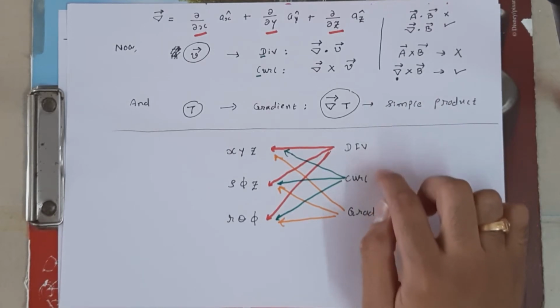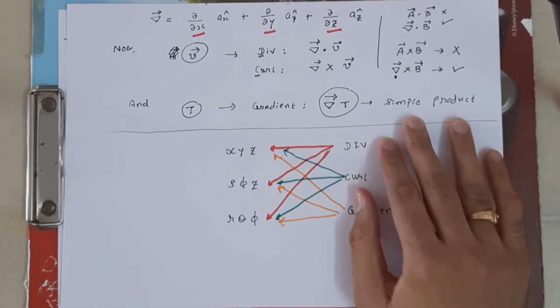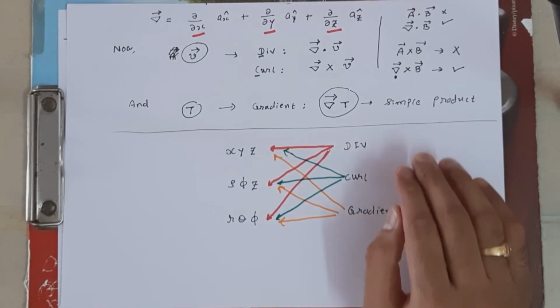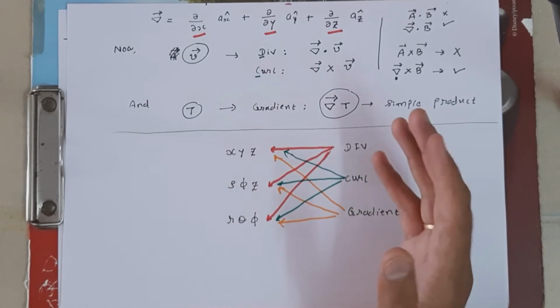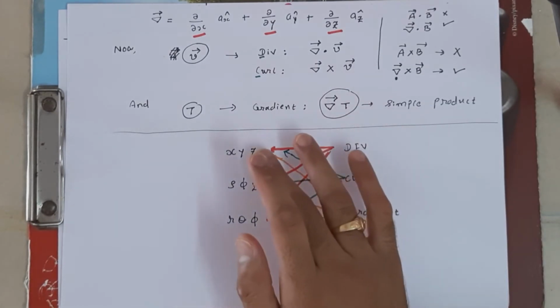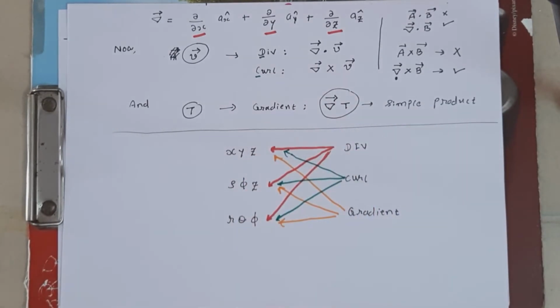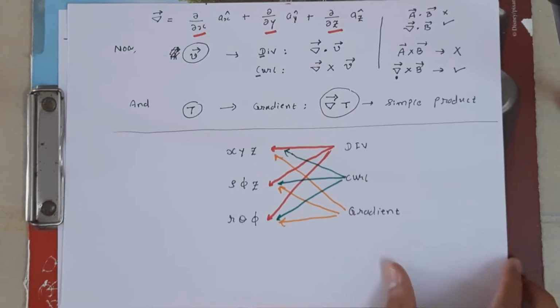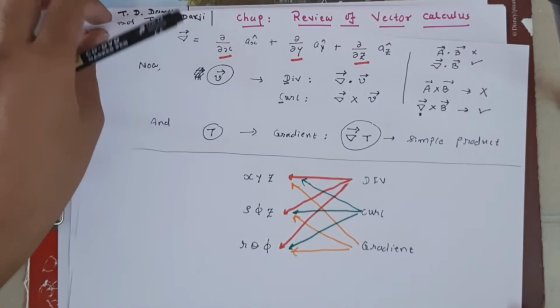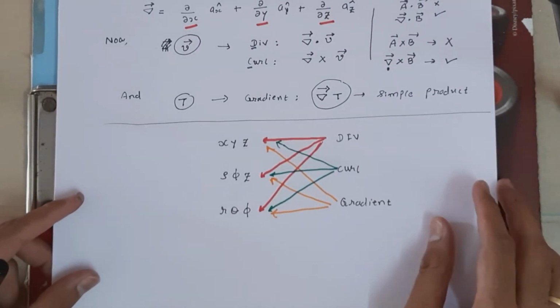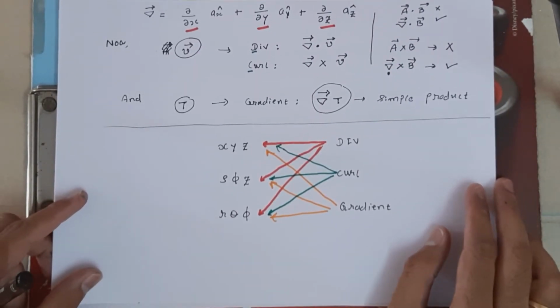That is why these two definitions, divergence and curl, are very useful, whether in Cartesian, cylindrical, or spherical coordinates. Finally we have to deal with the electromagnetic wave.